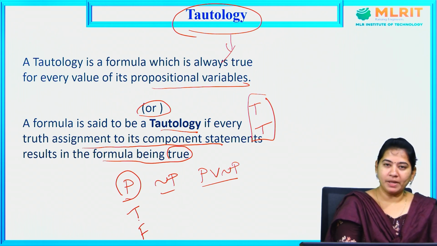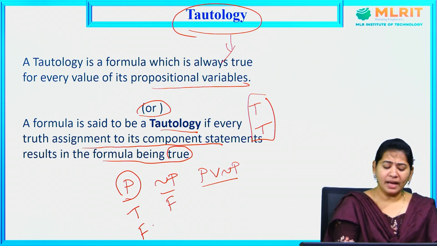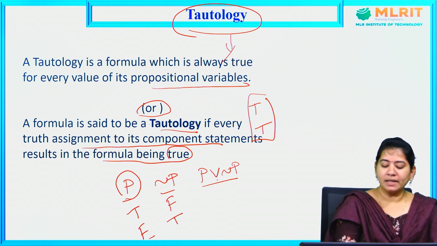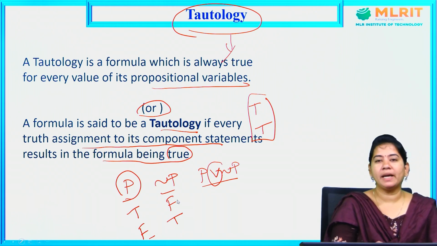If P is true, negation P will become false, and as P is false, negation P will become true. So here we apply disjunction to both P and negation P.